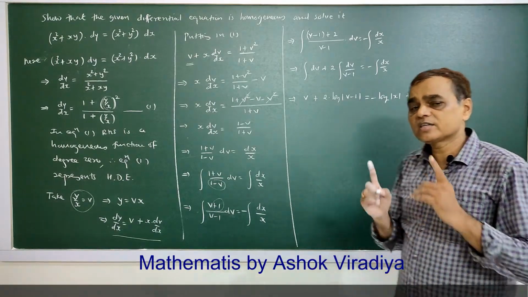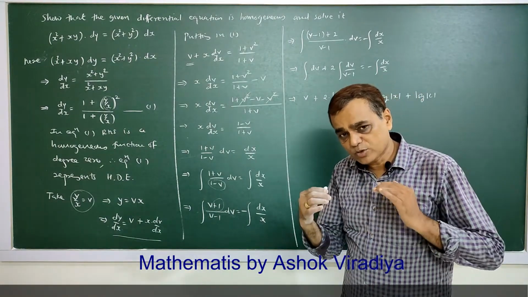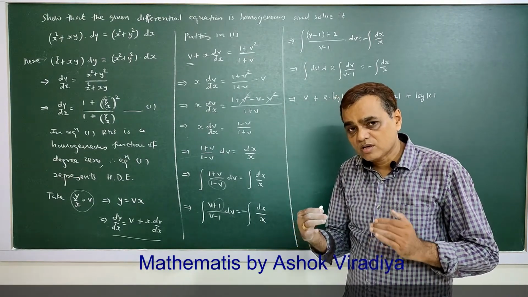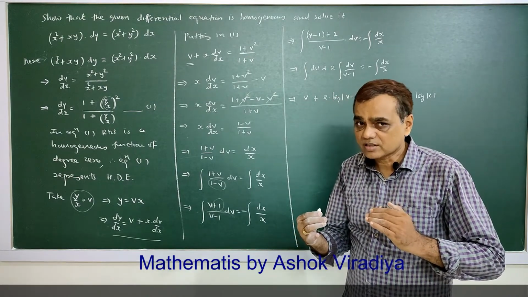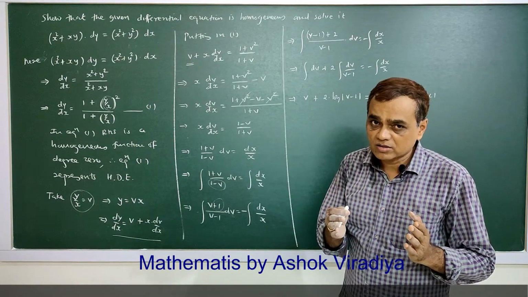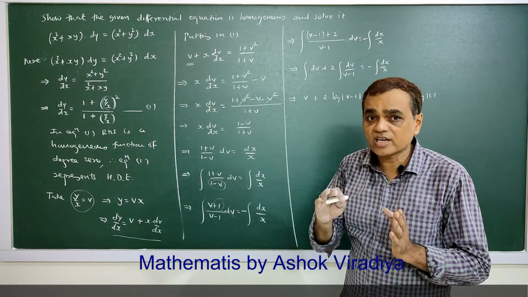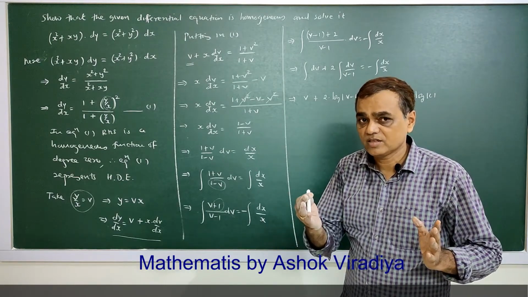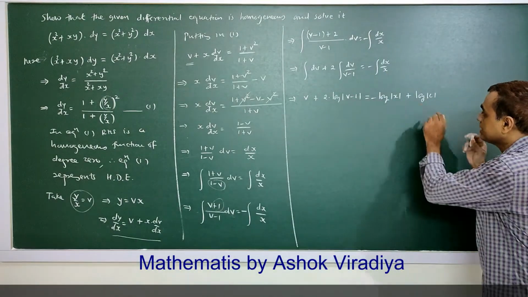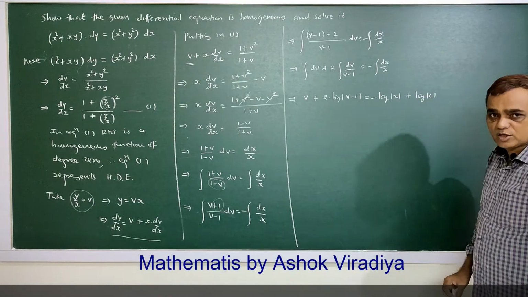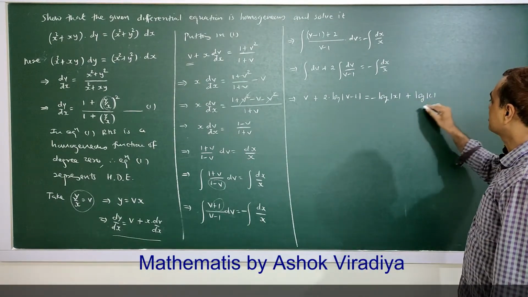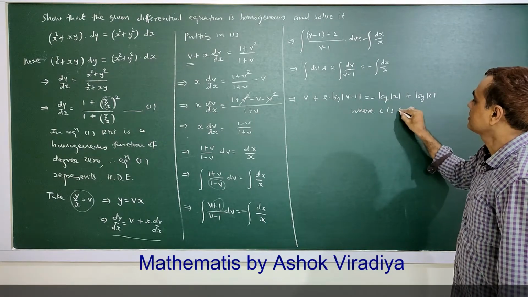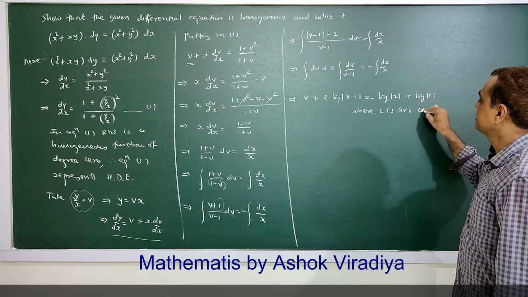So in this method you keep in mind, after putting the integral, if you have the terms connected with log, the number of terms more than half, meaning maximum terms are log terms, then the arbitrary constant also keep in log form. So where c is an arbitrary constant.